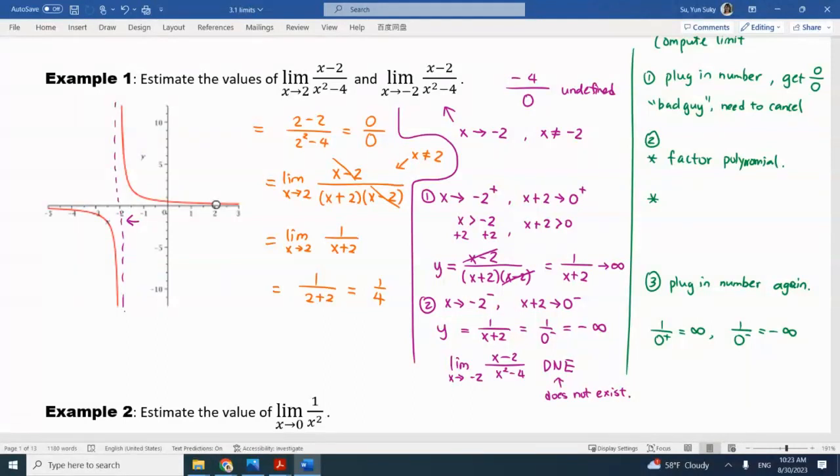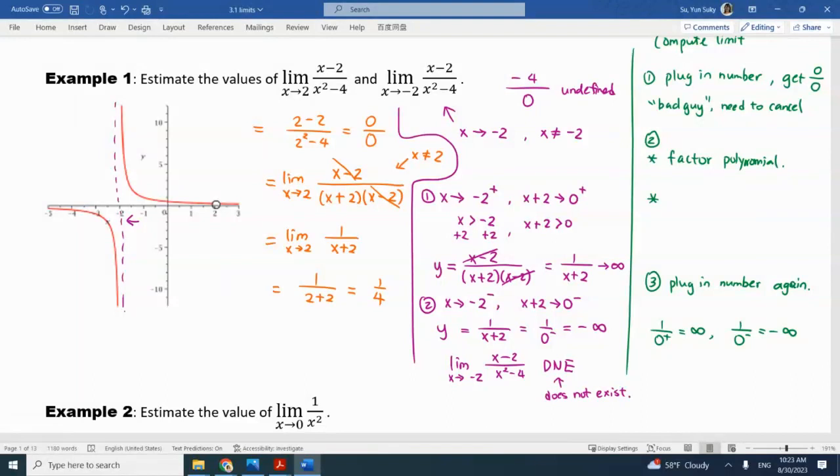But however, the x minus 2, you can cancel with the numerator. Okay? So in this case, you can simplify a function like this. So you only have a hole here. But x plus 2 is still in the denominator. You will have a vertical asymptote. Did you learn vertical asymptote before? Yes.